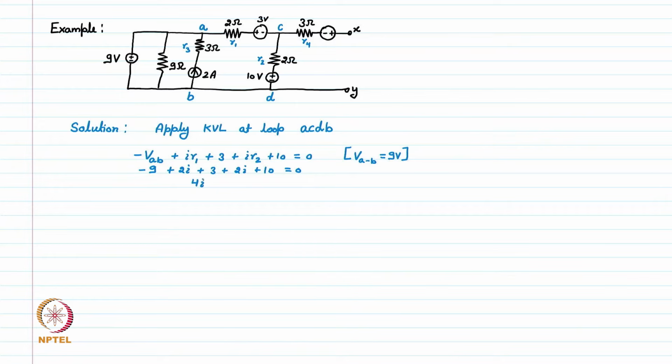So 4I is equal to -4, it means the value of I is -1 amp. So this is the value of current which is flowing in this loop I. So now we can calculate the drop in R2.